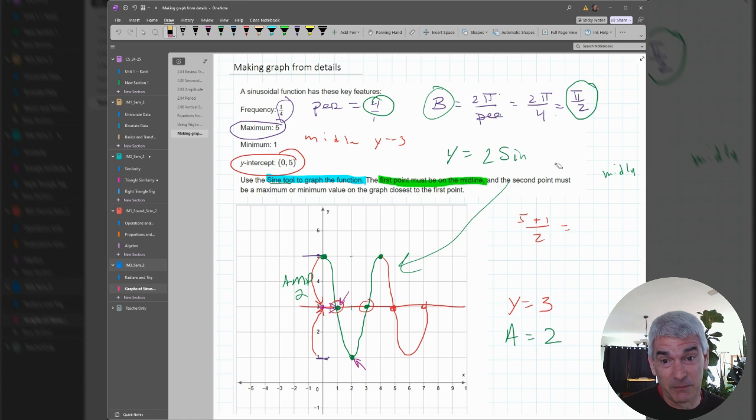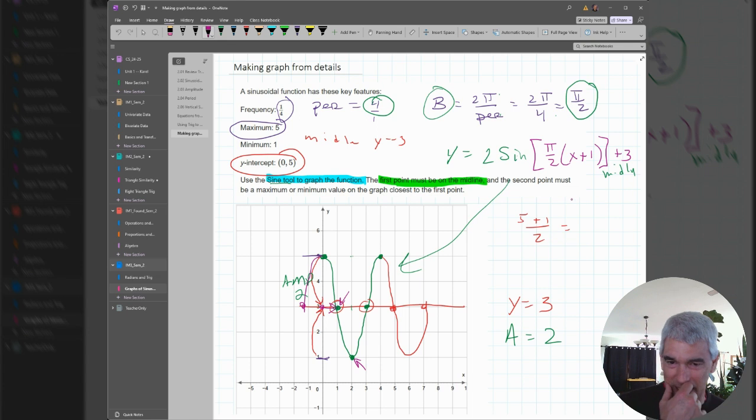It's going to get a little bit more ugly when we bring in horizontal shifts, like pi over 2 times x minus 1. So I need to shift a normal sine wave. Actually, I need to move it 1 to the left. So it should be x plus 1. Yeah, it gets a little bit tricky.